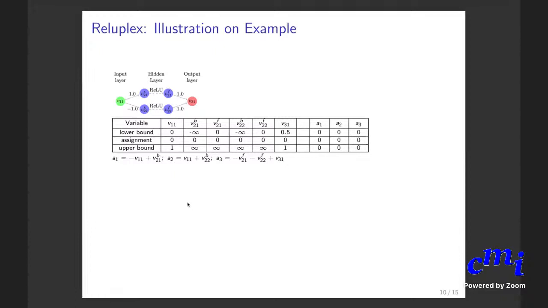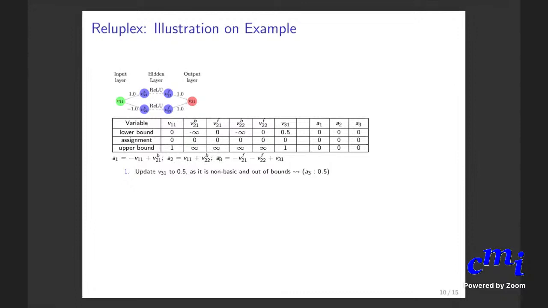And you will see in this case it is possible, without actually doing a case split at all. I will show you that it is possible to get a solution to this without a case split, and then you can ask the question, why was this possible? That gives you intuition.